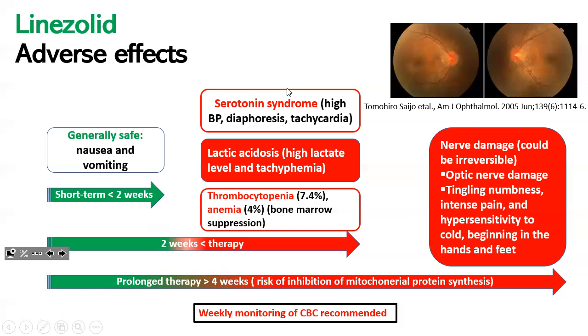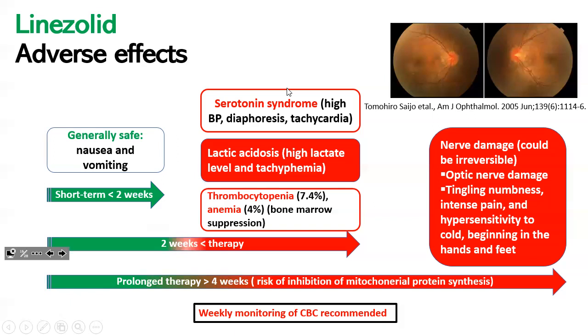Linezolid also inhibits the bone marrow, and the incidence of development of thrombocytopenia exceeds 7% in patients who receive linezolid for more than 2 weeks. Unfortunately, if these situations develop, they are generally reversible.